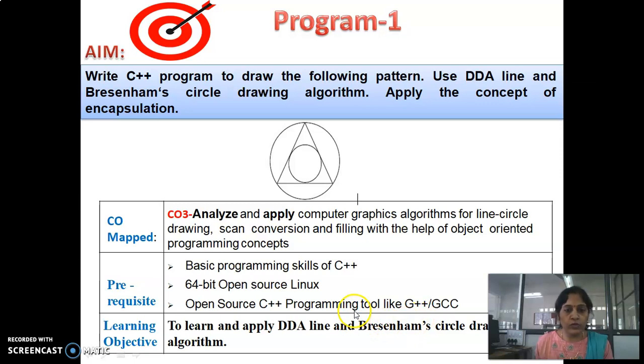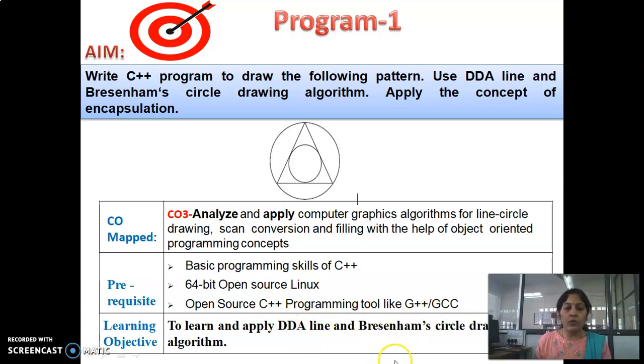So this course outcome gets satisfied after the implementation of this program. Now to implement this program, we are using C++. We have to use the open source graphics library and the open source G++ compiler that is available in Ubuntu.